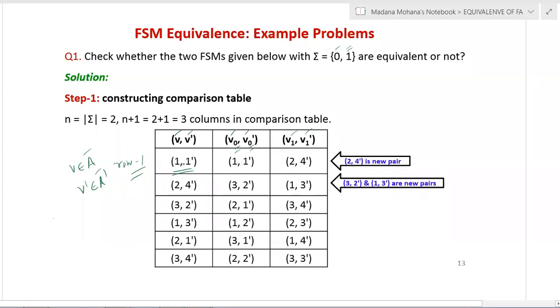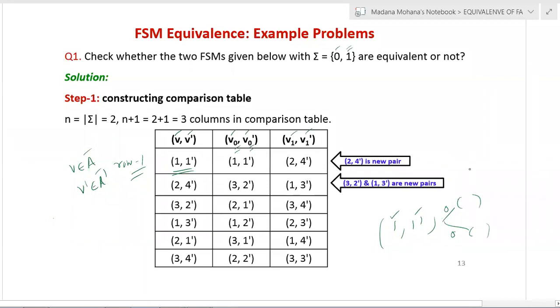On input 0 for both, from state 1 on input 0, what is its next state? Then from 1' on input 0, what is its next state? Again, you take these states as the next pair.